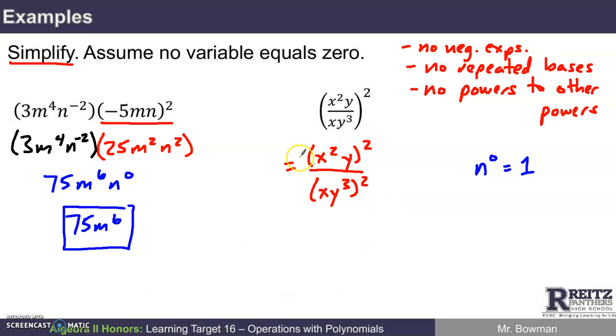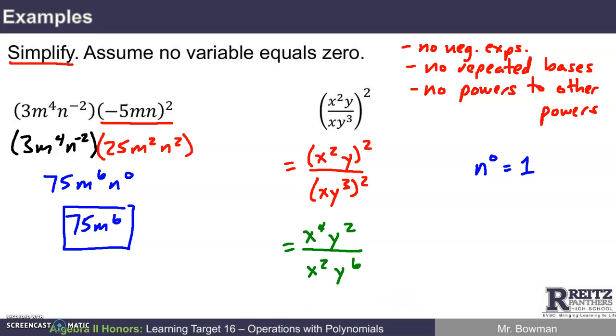And then what you can do now is apply that power to a power rule, both for the numerator and the denominator. So for x squared y squared, I can square both of those to get x to the fourth and y to the second. In the denominator, I can square x and y cubed to get x squared and y to the sixth.